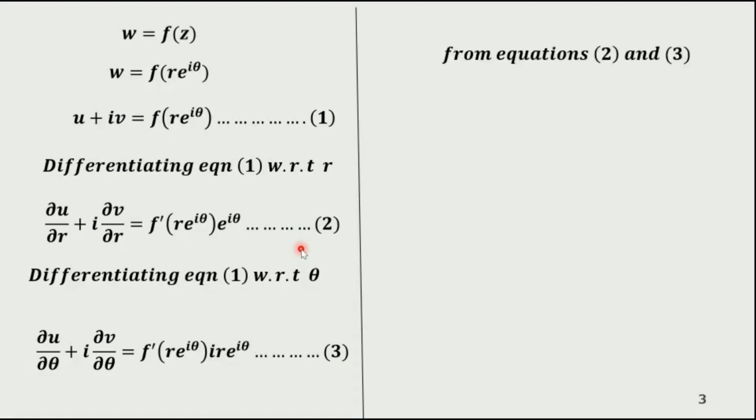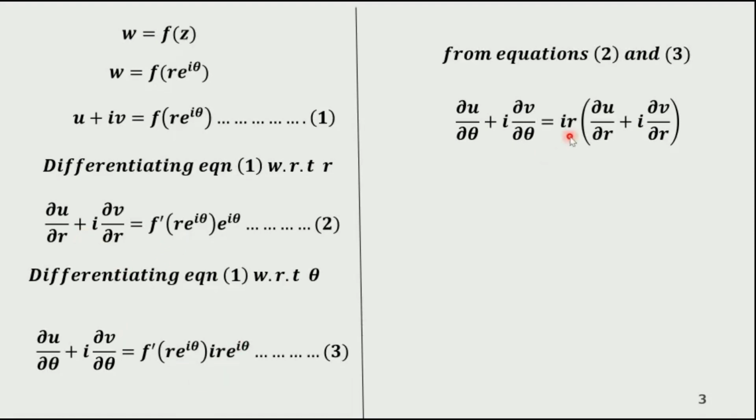Okay, so from equations 2 and 3, I will get dou u by dou theta plus I dou v by dou theta. Now instead of f dash of r e raised to I theta into e raised to I theta, IR will remain.